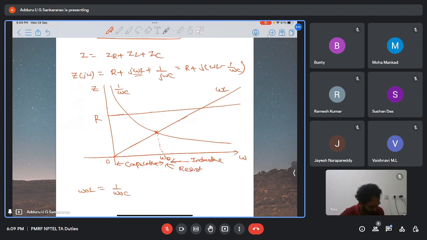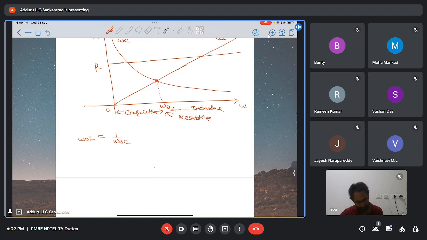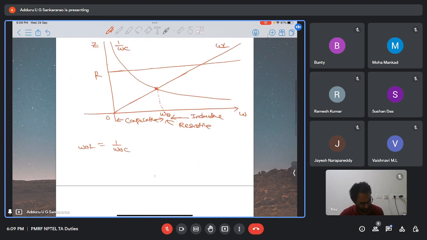Okay. At omega naught the circuit is resistive. So at this omega equal to omega naught, the impedance of the inductor is equal to the impedance of the capacitor. That implies omega naught equal to 1 by root LC.